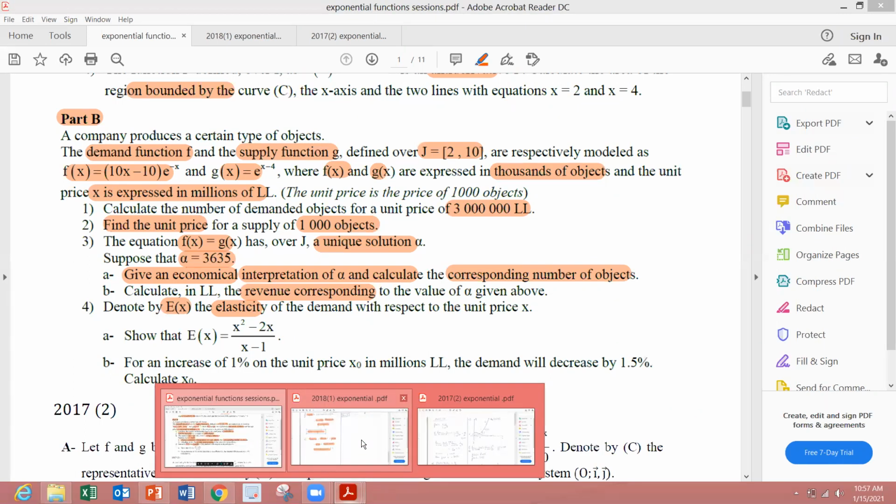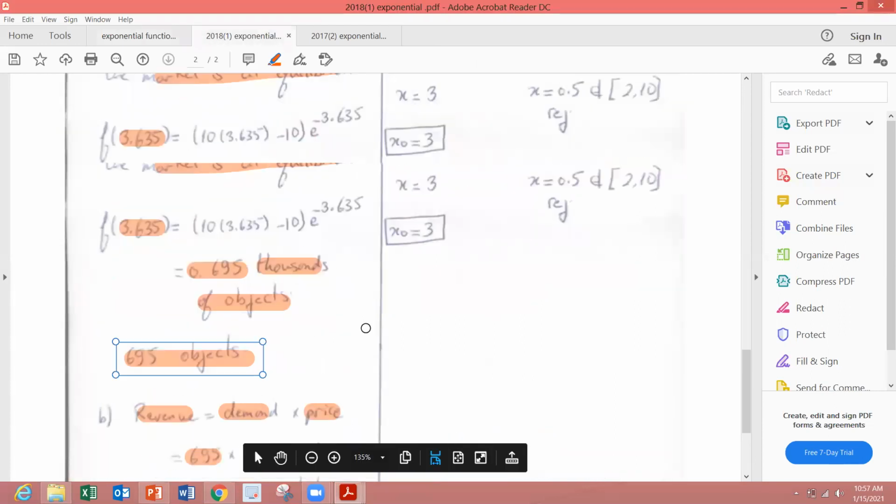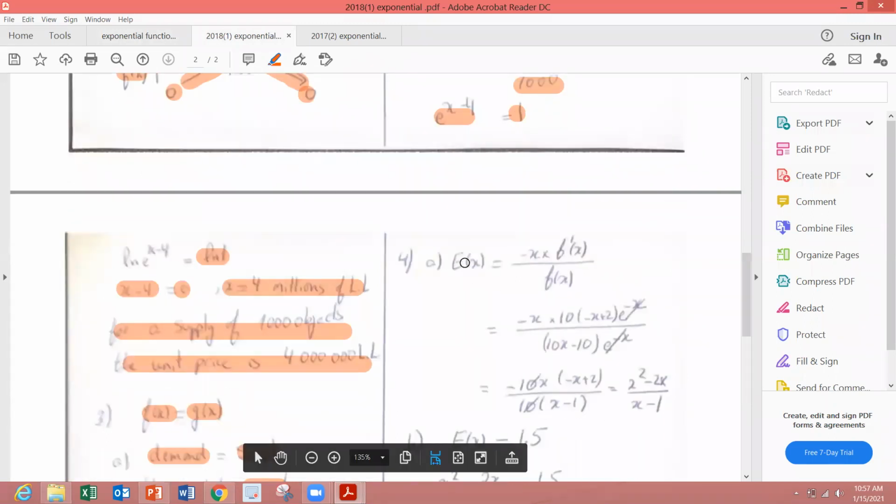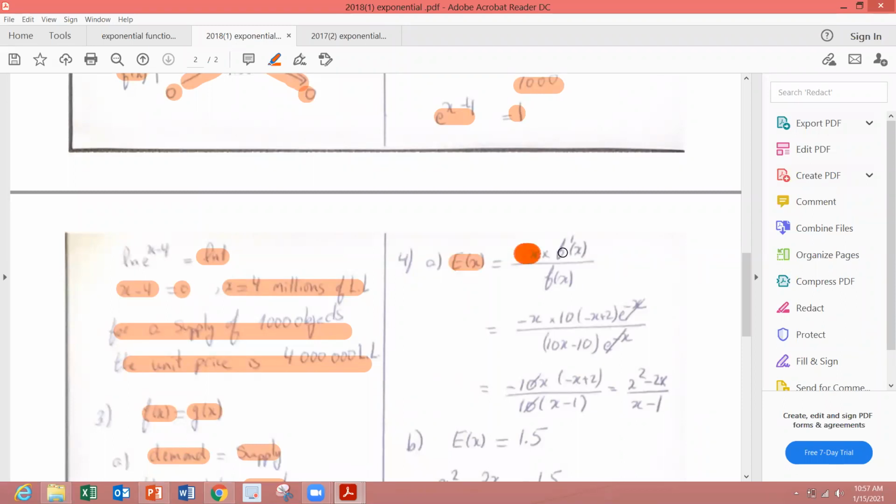What is D here, f or g? It is f. So E(x) equals minus x times f prime of x over f(x). Minus x; f prime is given, we found f prime above: f prime equals 10 minus x plus 2 times e to the minus x. f(x) is given.